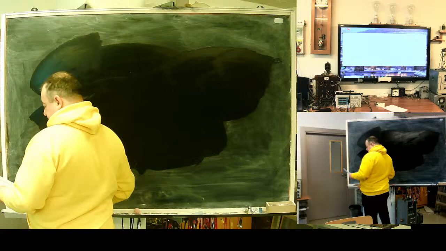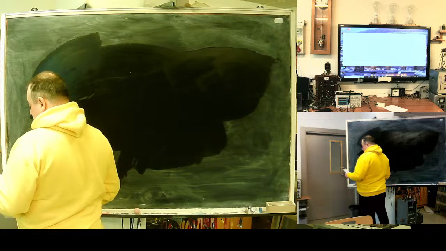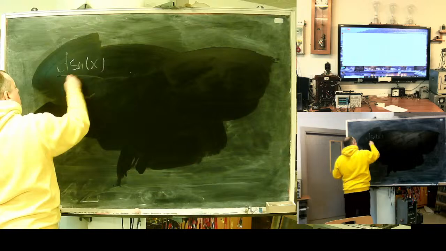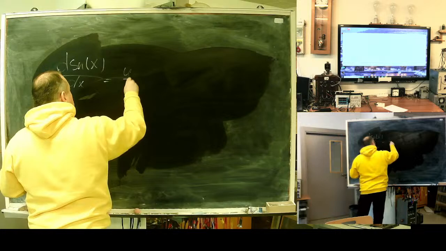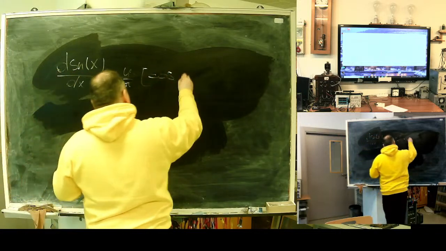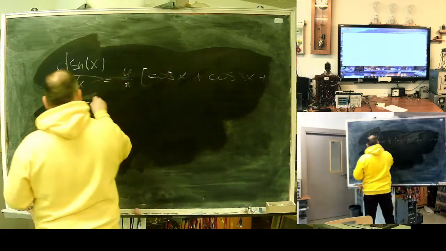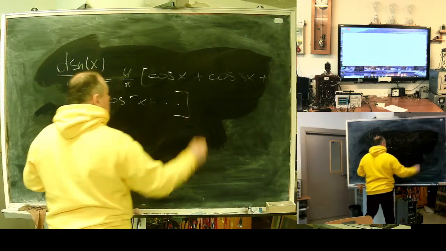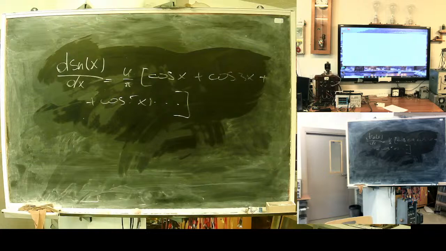Tiny problem. The derivative is 4 divided by pi times cosine x plus cosine 3x plus cosine 5x and so on. The derivative of my blue line is a sum of cosines.